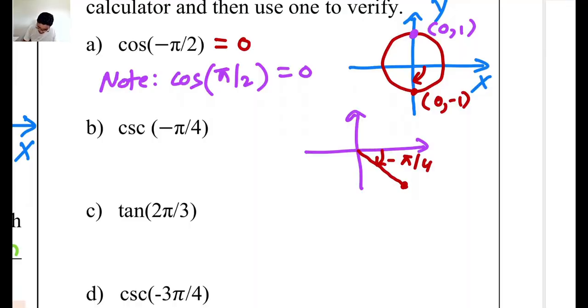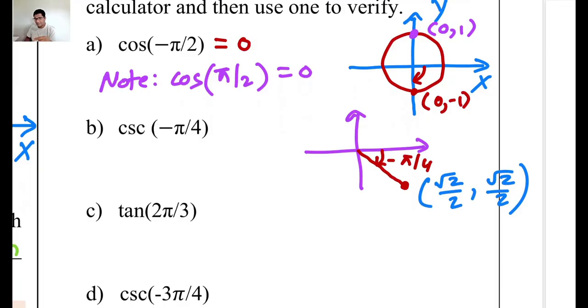So what would be the coordinates here? That will come from the reference triangle. Now remember, for pi over 4 in the first quadrant, the coordinates are root 2 over 2 and root 2 over 2, 45 degree, which is pi over 4.